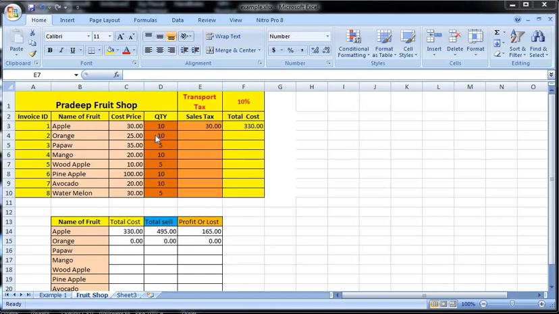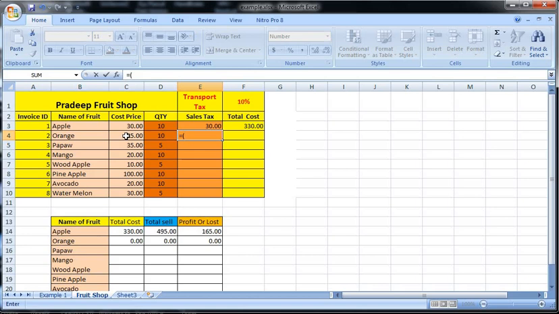Now if I continue with the following quantities, and this time it's orange, I can do the same thing. Instead of a function, I can use a formula without equal sum.